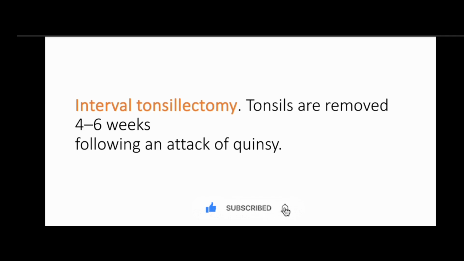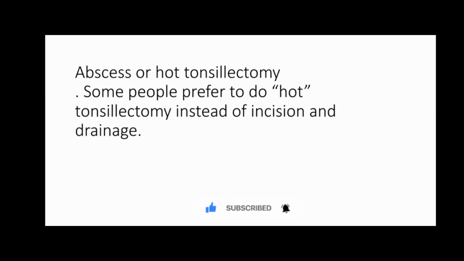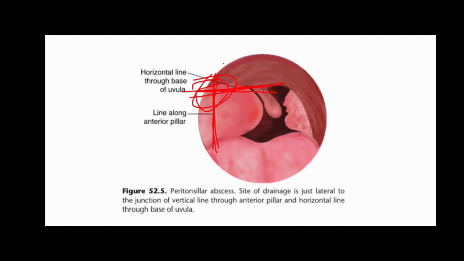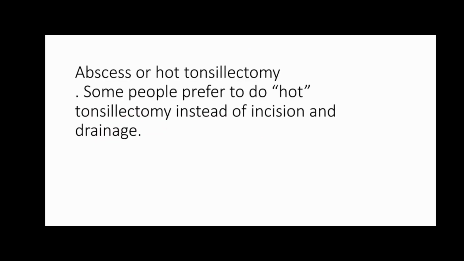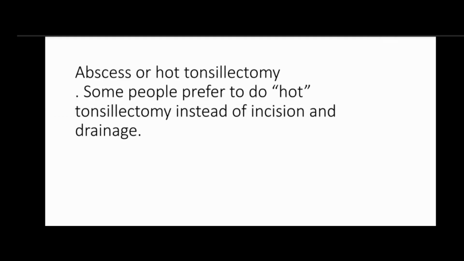Tonsils are removed 4 to 6 weeks after the attack of quinsy, that is interval tonsillectomy, because first the patient presented with quinsy and then the tonsil is removed. Abscess or hot tonsillectomy: some people prefer hot tonsillectomy instead of incision and drainage.